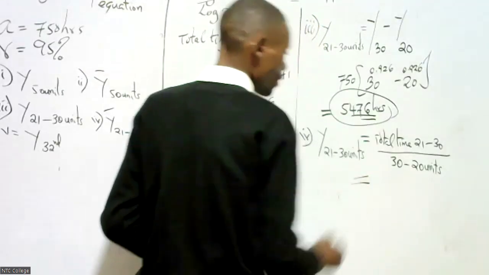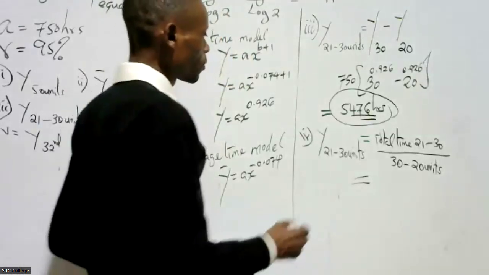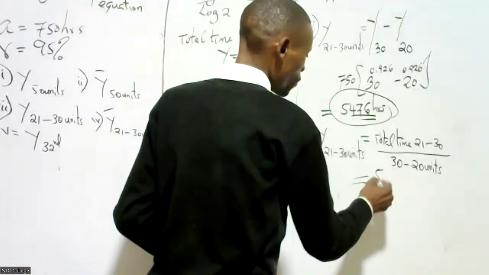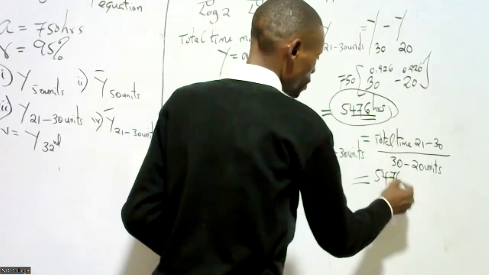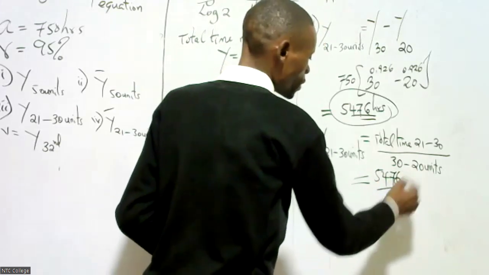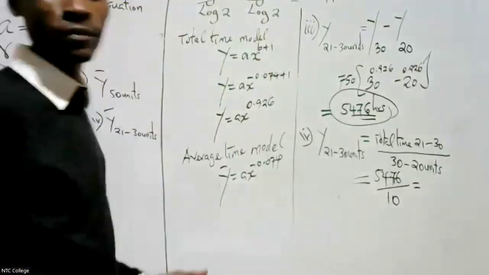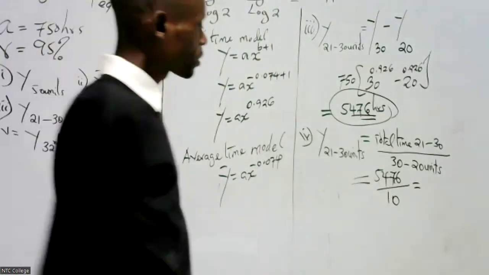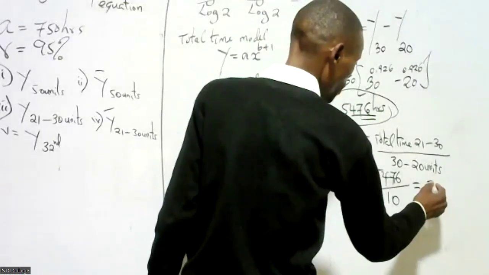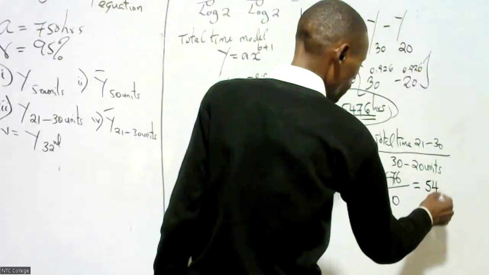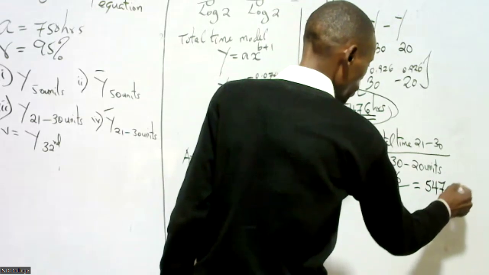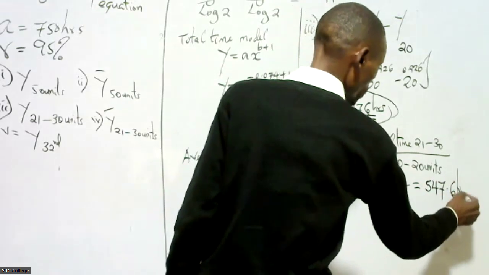So that one will give us what? We take 54.76 divided by, the difference is 10. How many hours are those averagely? That gives us 54.76 hours.